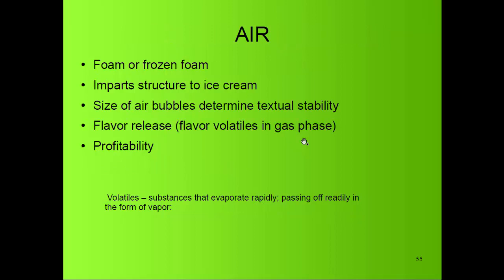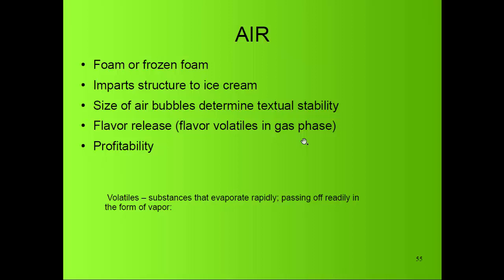A really important part of ice cream is air. So this is in the form of foam or frozen form, and it imparts the structure to the ice cream. So the size of the air bubbles actually determines the textural stability. It also helps with flavor release.